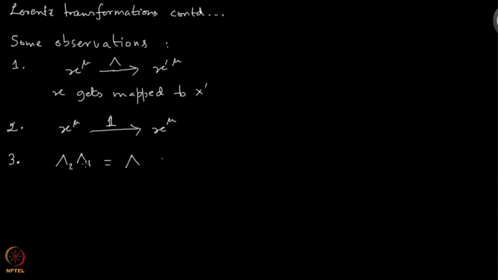Here the multiplication is the multiplication of matrices, but thinking in terms of transformations, one transformation followed by another still gives you an element which belongs to the same set. So the set of all Lorentz transformations is closed under this multiplication.